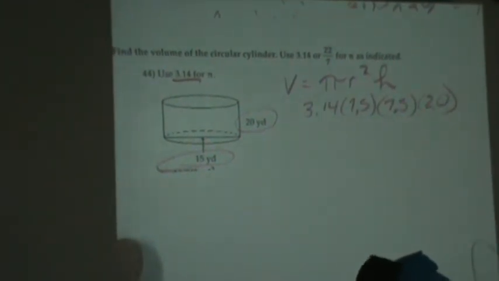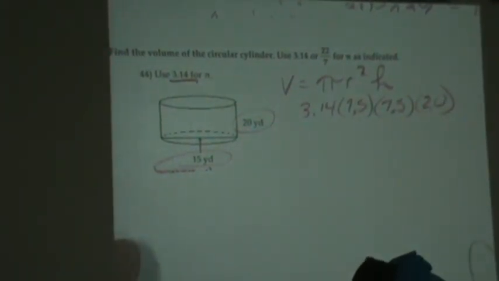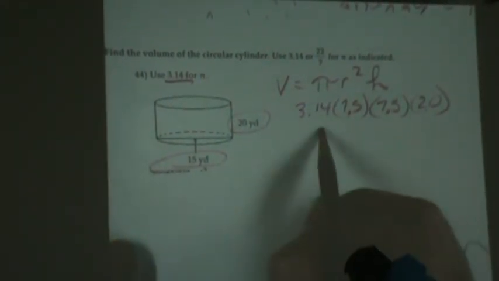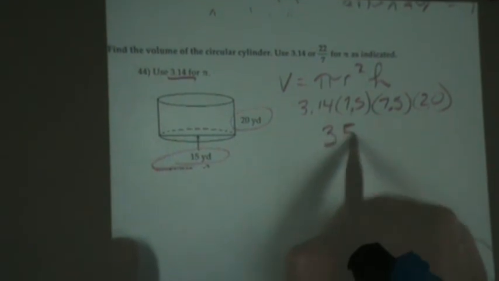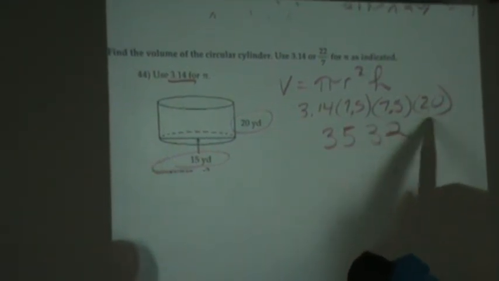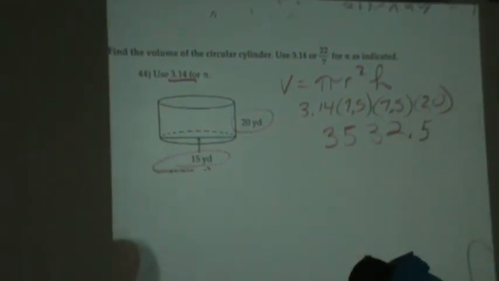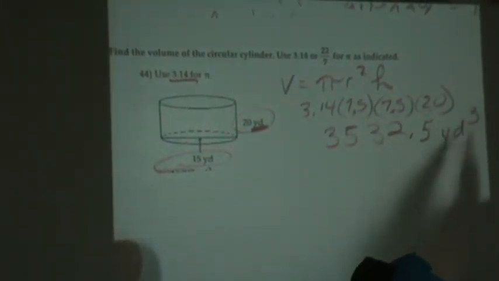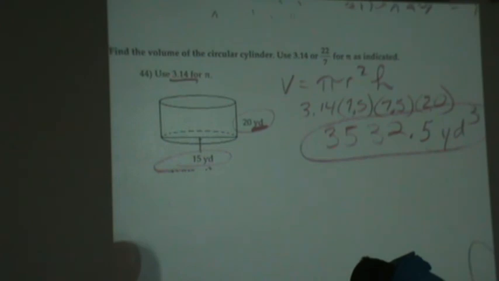So 3.14 times 7.5 times 7.5 times 20 is 3532.5. What's the units? Yards cubed, or cubic yards.